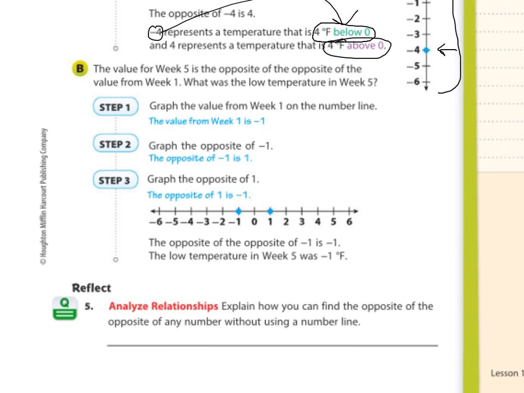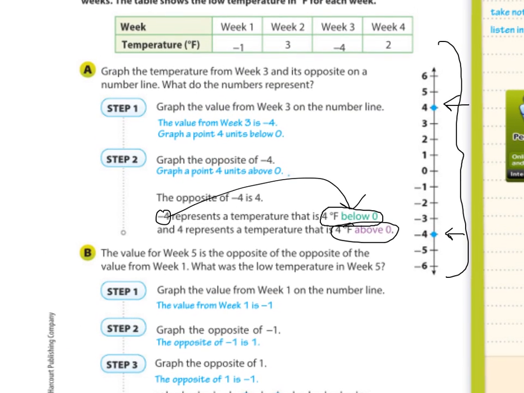B says the value for week 5 is the opposite of the value from week 1. So week 5 is not on the table, but it's telling us that it's the opposite of the value from week 1. So week 1 was negative 1. What's going to be the value of week 5?